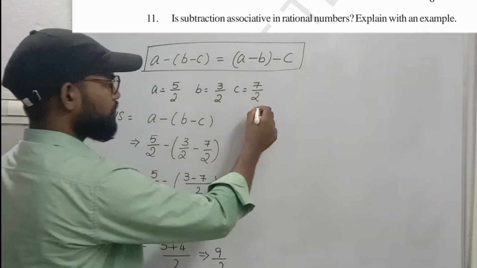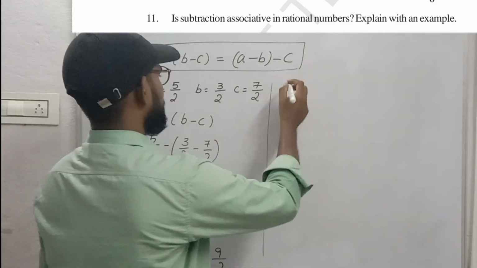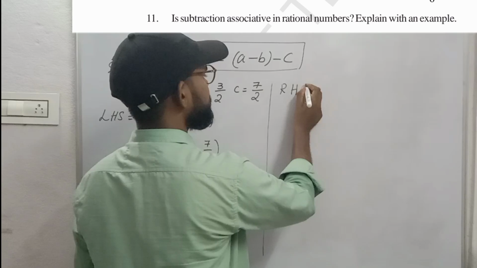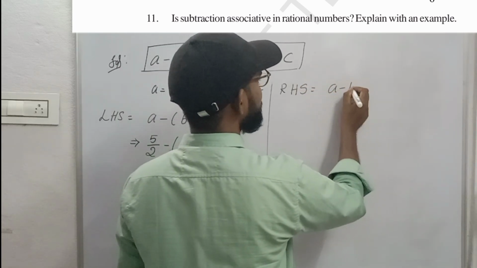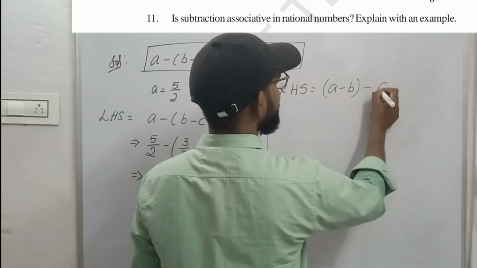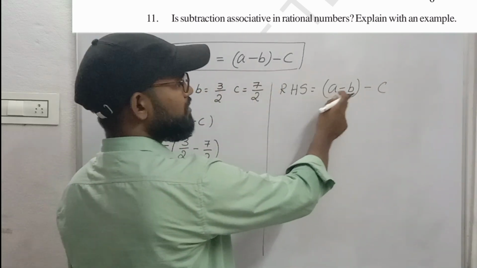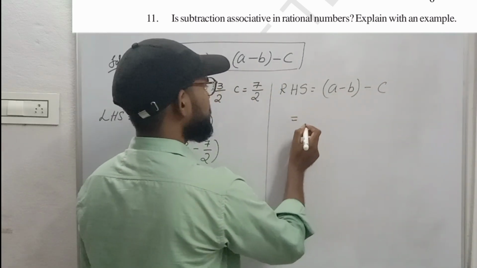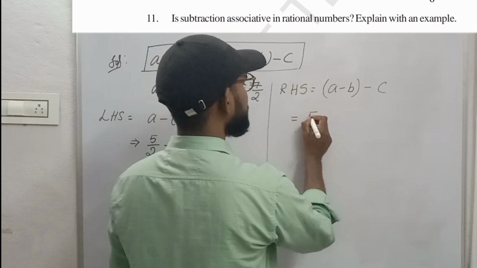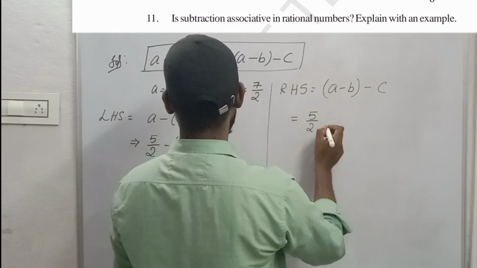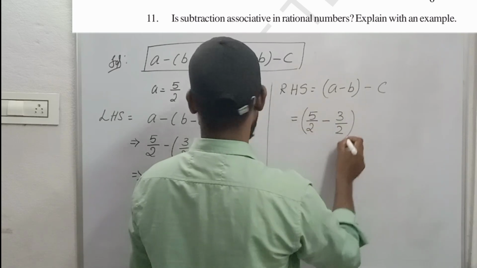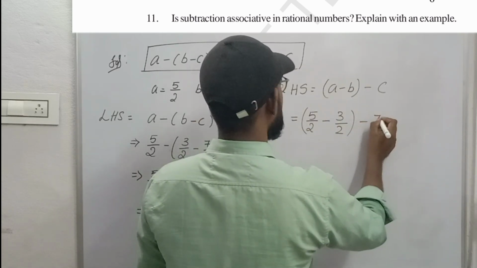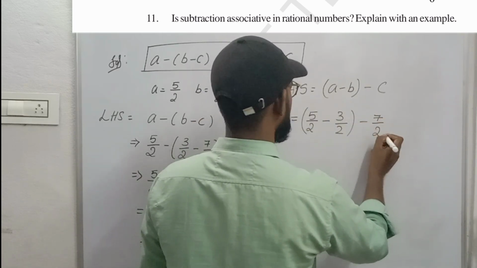Now we are going to solve the RHS side. What is the RHS here? a minus b of minus c. First we are going to solve the bracket part. That is a minus b, 5 by 2 minus 3 by 2, of minus 7 by 2.